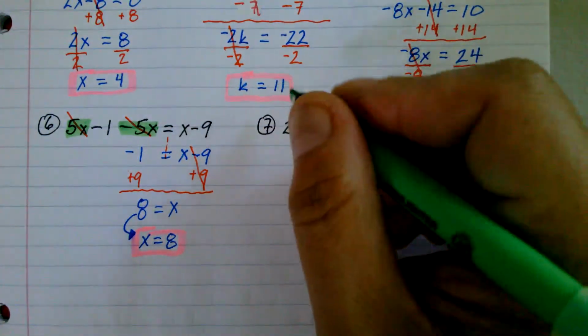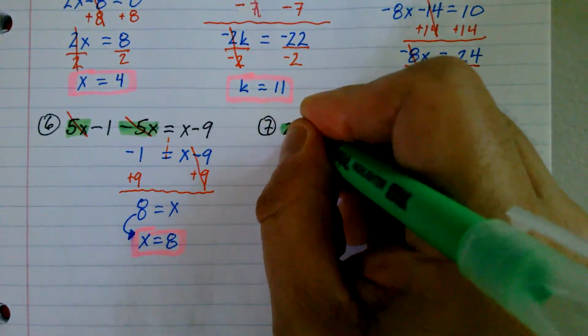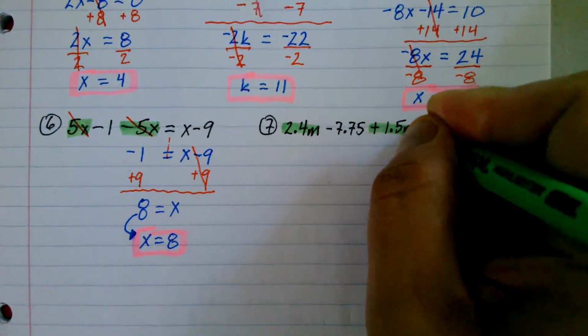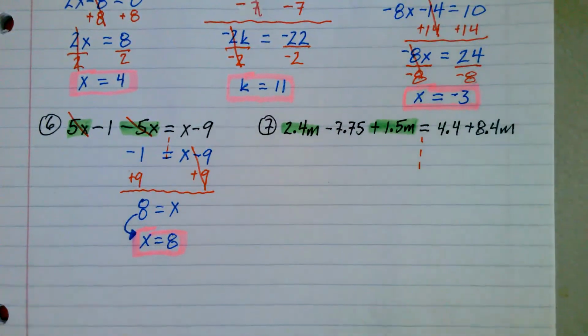I've got 2.4 m. I want to combine it with positive 1.5 m. What does that become?